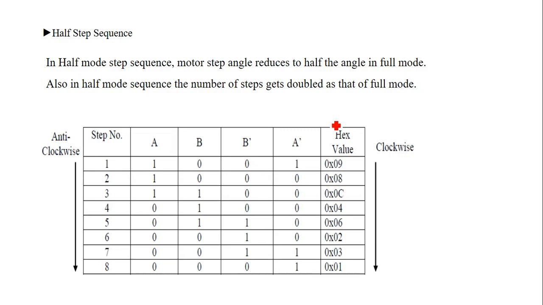So this is the sequence: A dash, then B, A, then AB. After every full step, one pole is energized to make it stable.